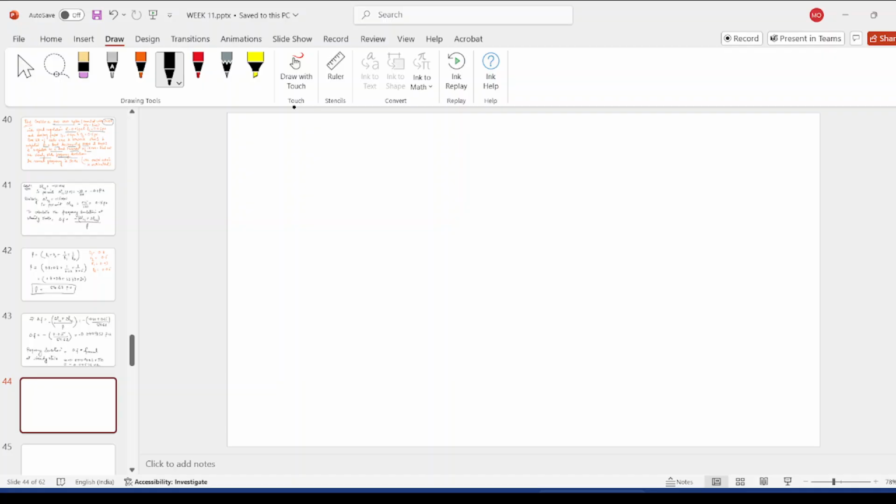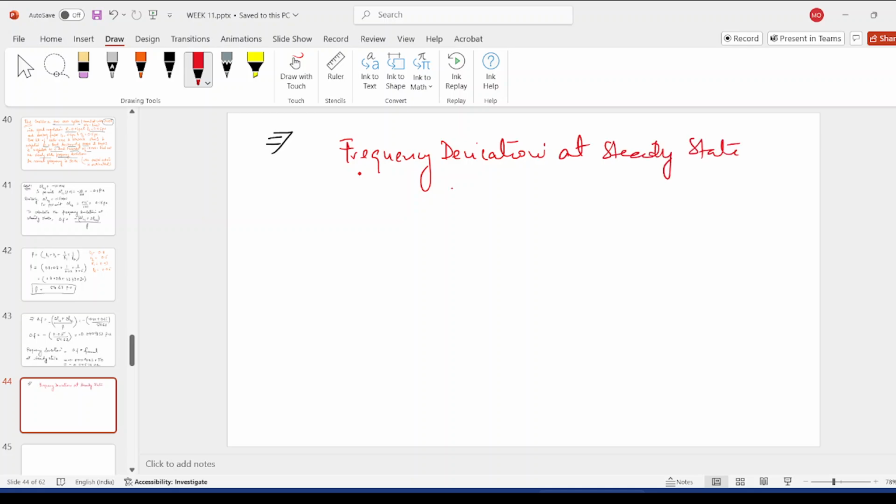So the frequency deviation at steady state is minus 0.04576 hertz. This is the answer.